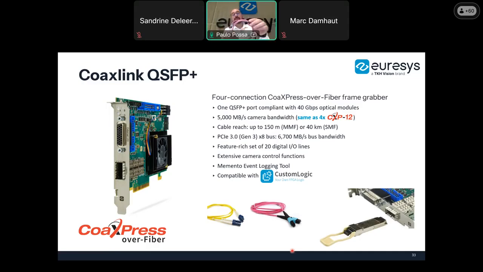This is usually available in multi-mode fiber and can reach up to 150 meters with standard optical transceiver modules. But we already have in the market modules with extended cable reach that can go up to 400 meters.